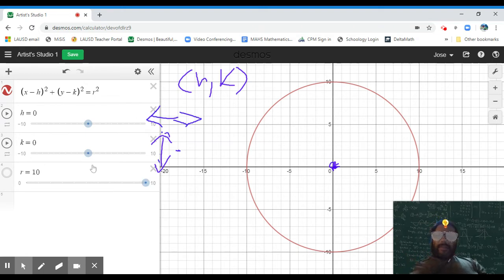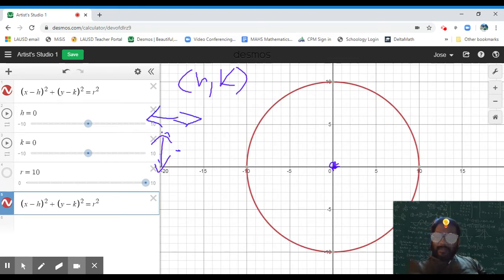So I'm calling this the artist studio because we're going to play around with this equation, okay? I'm copying and pasting the equation because I'm going to create another equation down here. So I copied it and pasted, okay? What I'm going to do, you guys, is change these numbers. First of all, let me change the radius. I'm going to make it smaller. Let me make it maybe 4 units.